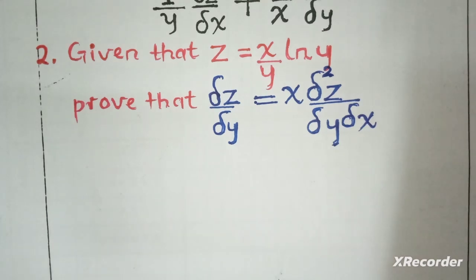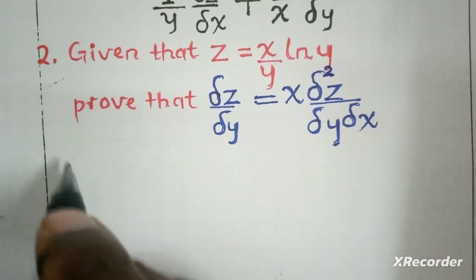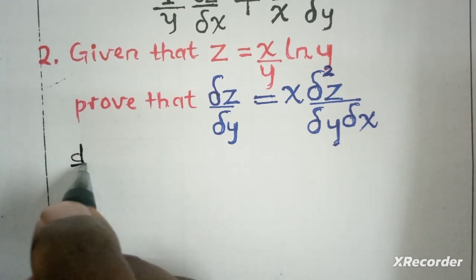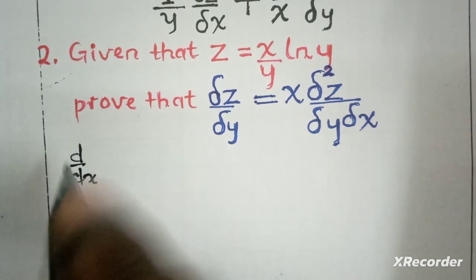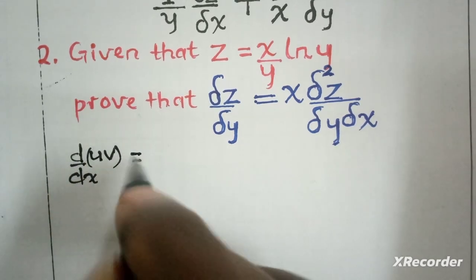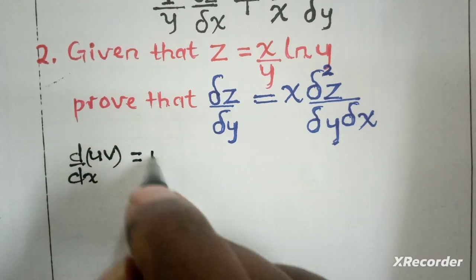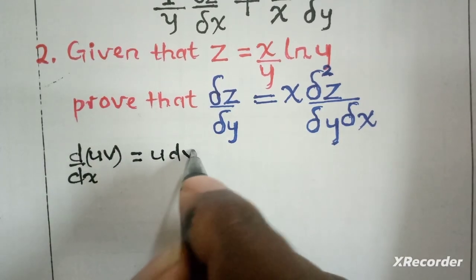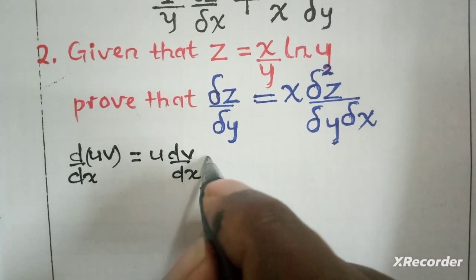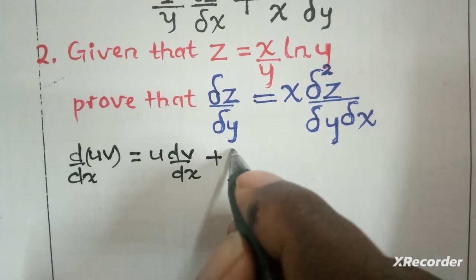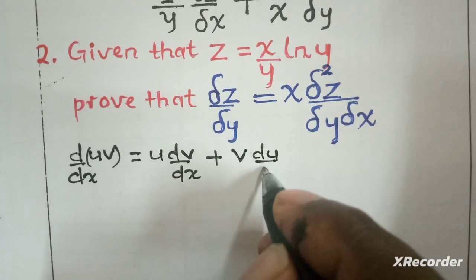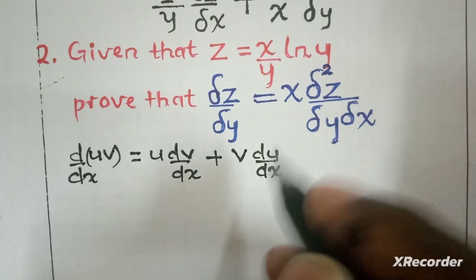That is the product rule. The product rule is written like this. I write it here. d all over dx of uv is equal to u dv all over dx plus v du all over dx, like that.